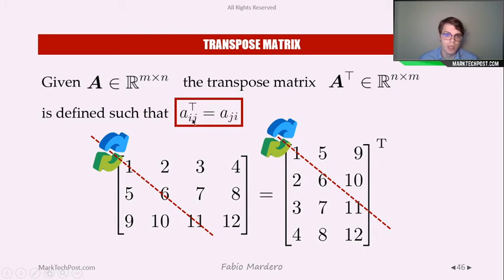So here you see the transpose matrix elements a_ij is equal to the original elements of A with indices ji. Very good. This process can be seen as the shift of the coefficients across the diagonal.